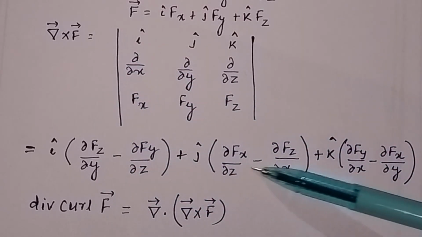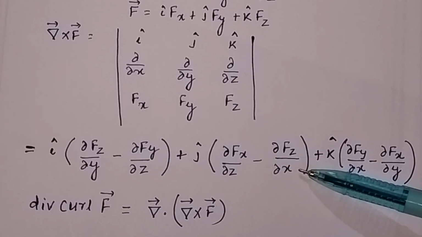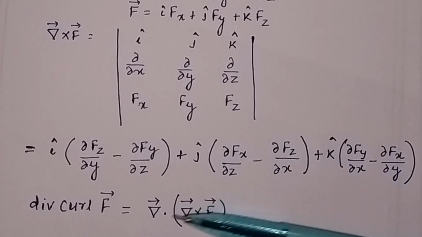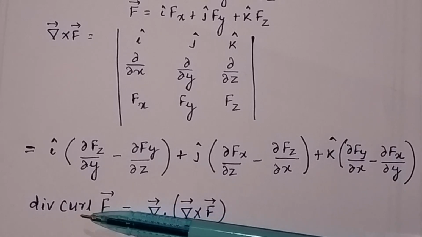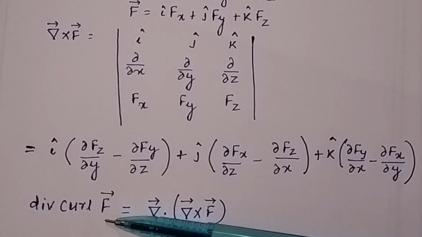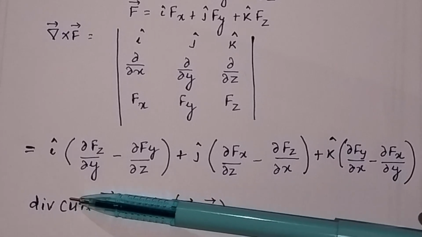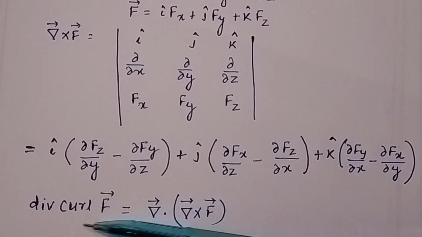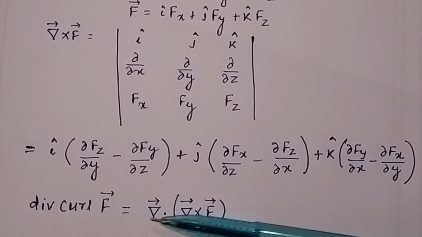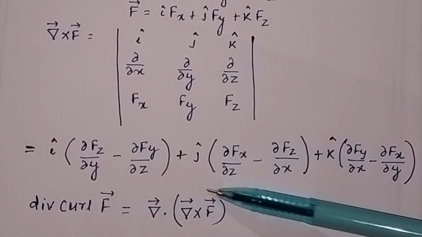This is the cross product of the del operator with the vector field f. Now we'll find out what divergence of curl of f will be. And we know divergence is for a vector function, and curl of f is a vector function here. So divergence of curl of f means del dot a vector.